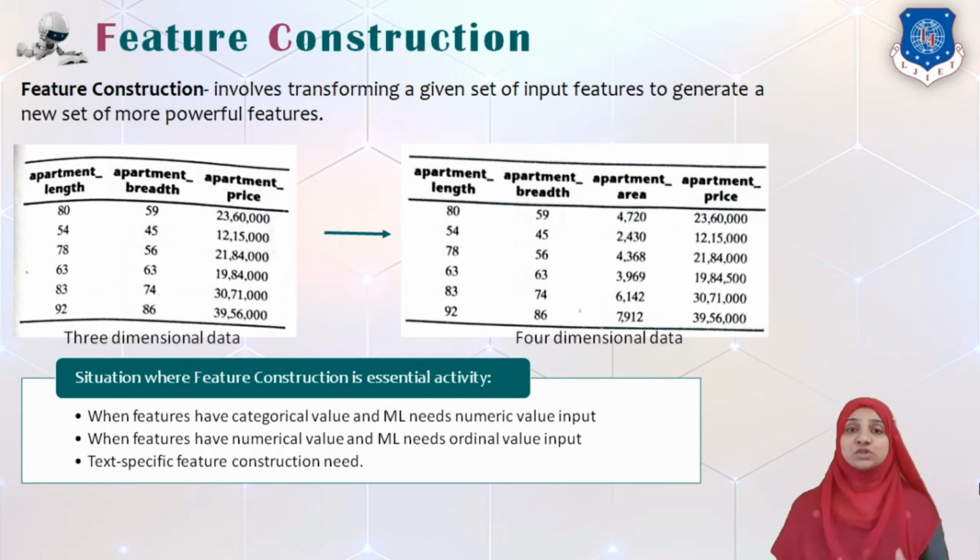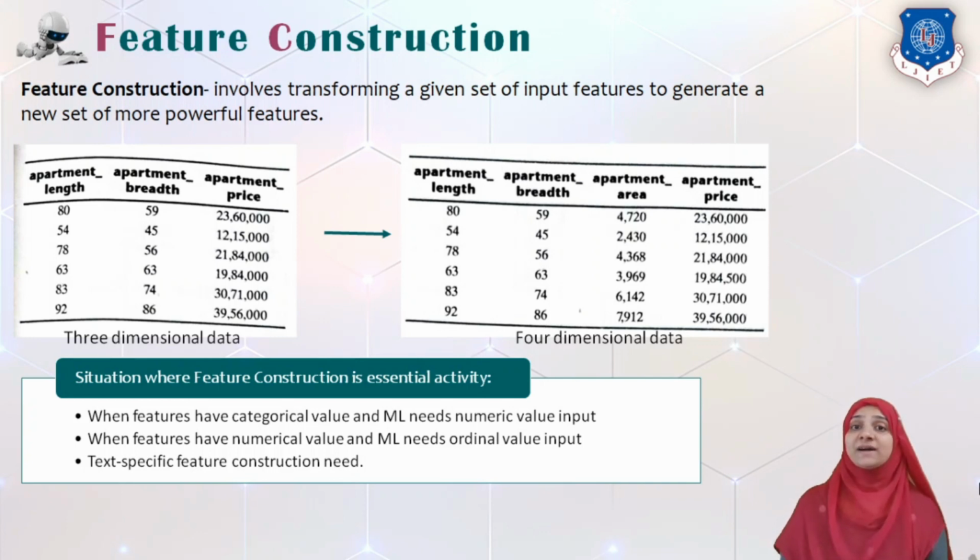Now, in what situations do we need to construct new features? Features are constructed when your system has categorical values. Remember the different types of values an attribute can take: ordinal value, categorical value, nominal value, and ratio value. All these are types of data.